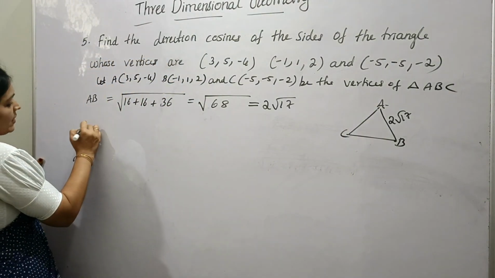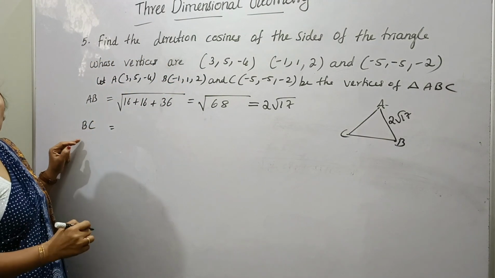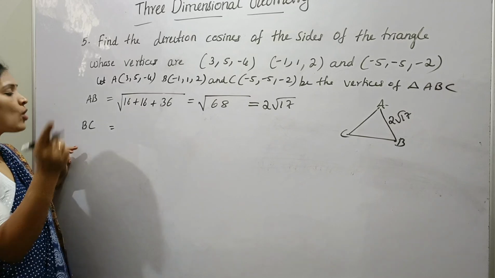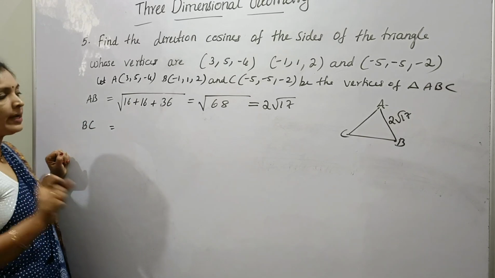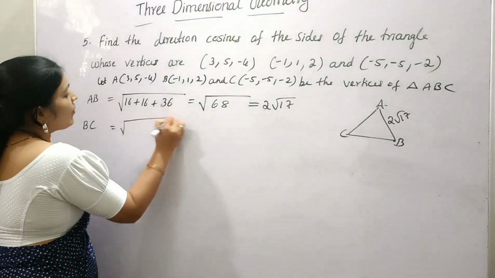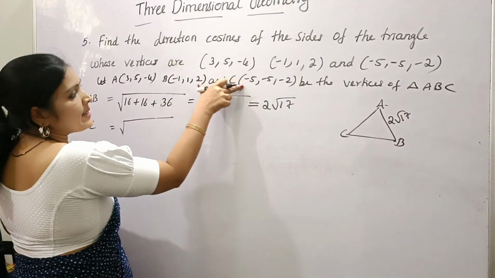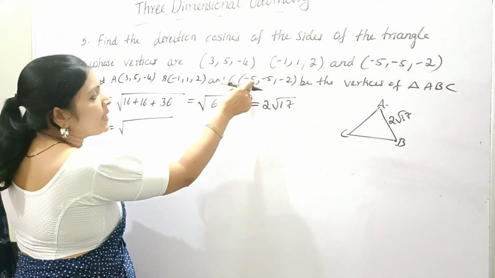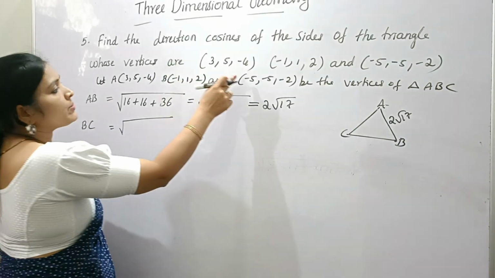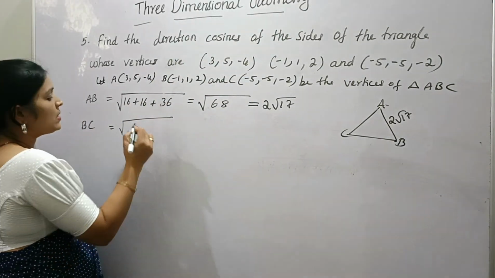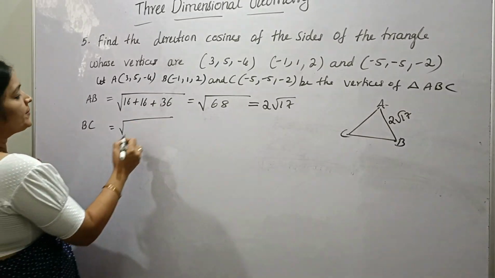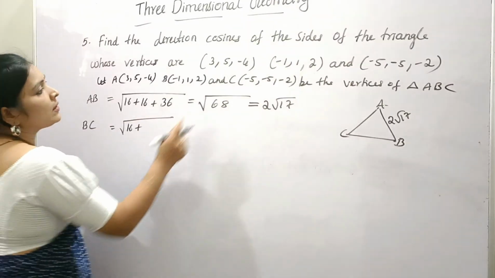Next, let's find BC. To find the direction cosines of BC, we need to find the length of BC. These are the points. Here x2 minus x1 is minus 5 minus 1, that is minus 4, square 16.